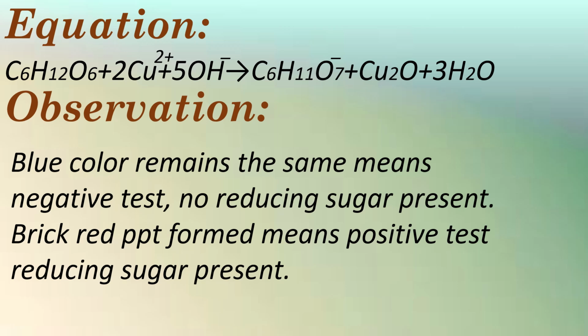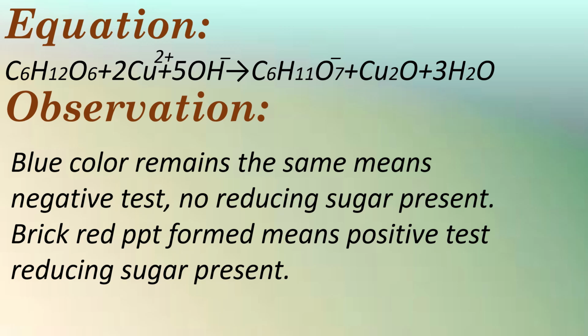Observation. Blue color remains the same means negative test, no reducing sugar present. Brick red precipitate formed means positive test, reducing sugar present. So if the test is negative, the blue color remains the same, no glucose or fructose present.